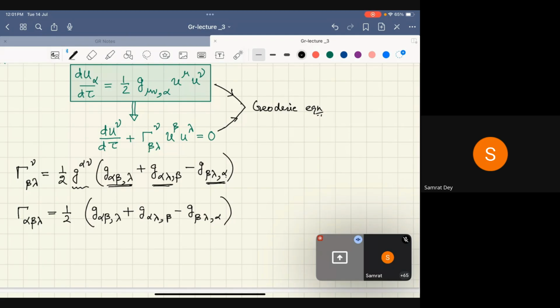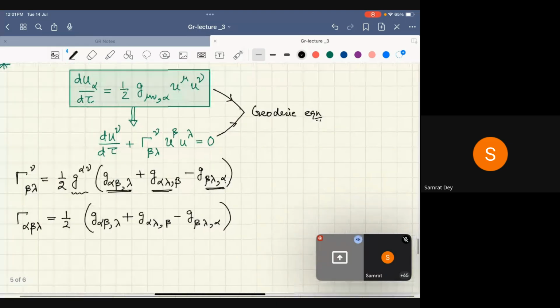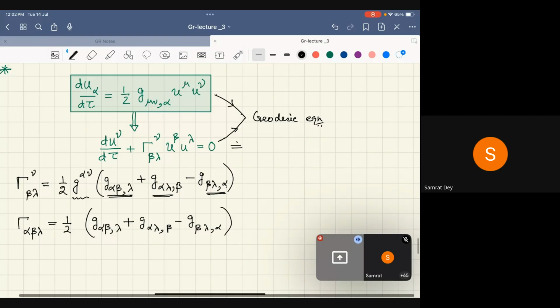And of course, both of these are the same, because this is in terms of the four-velocity. I can always write it in terms of the position by noting that this first term is nothing but d2x nu d tau 2 plus gamma nu beta lambda dx beta d tau dx lambda d tau equal to 0.